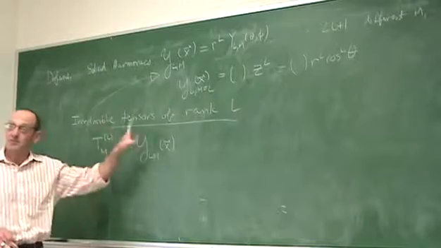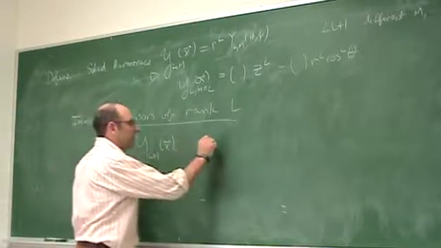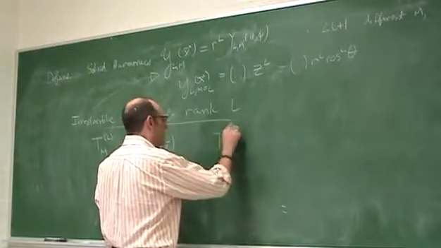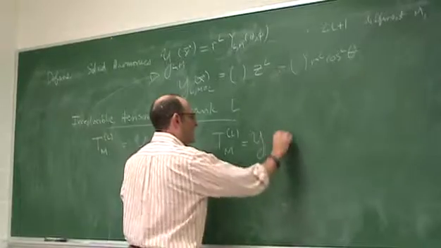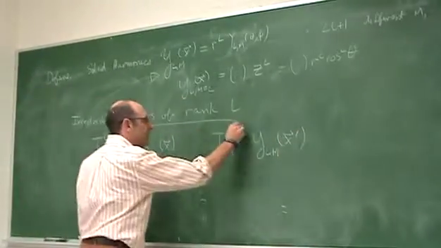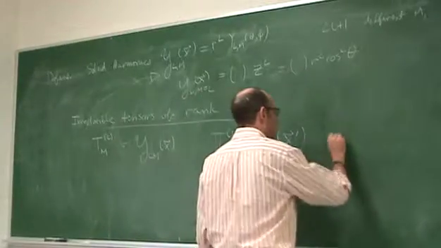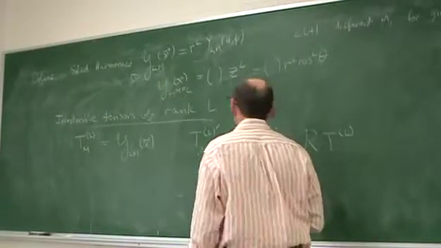But let's define it for position first. Then T_LM is this polynomial as a function of the rotated vector. That's the rotated version; we rotated this argument.